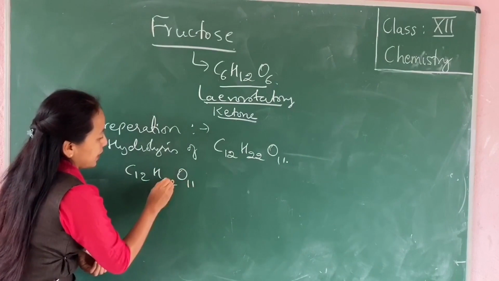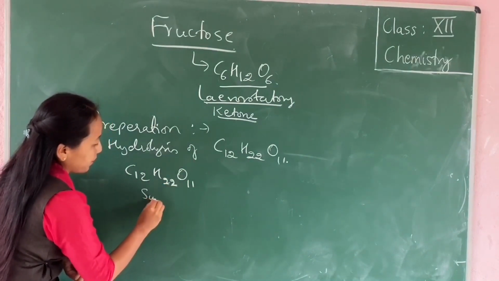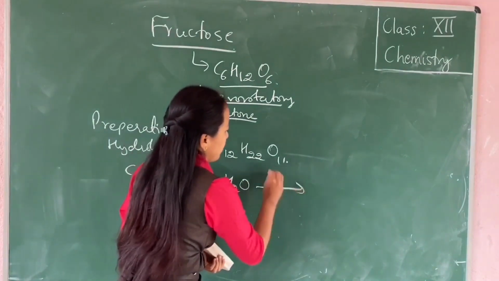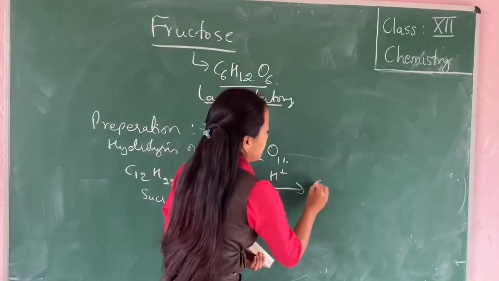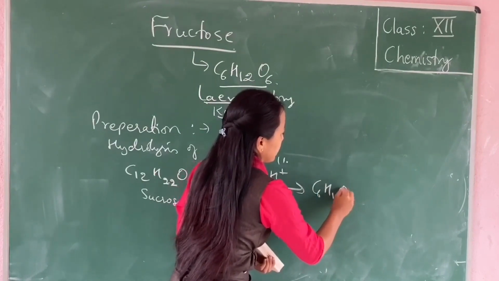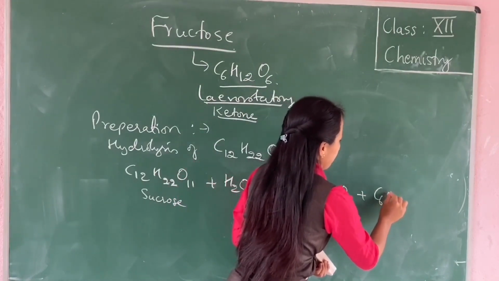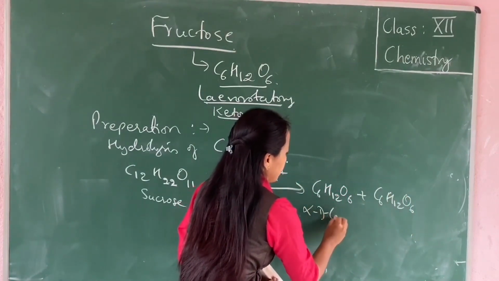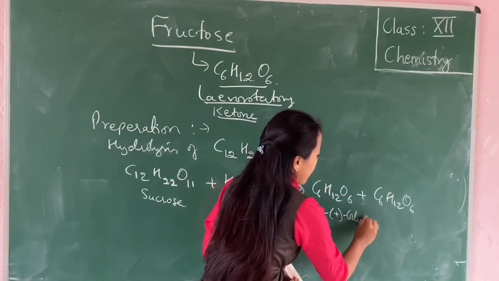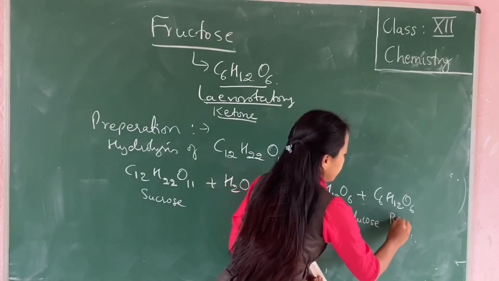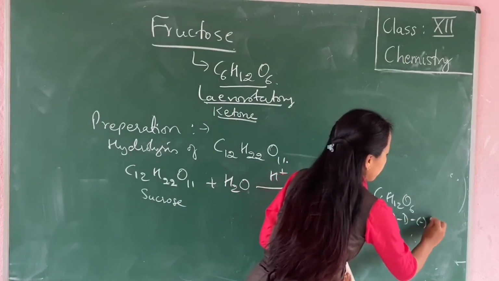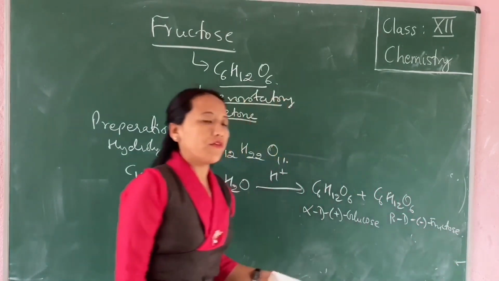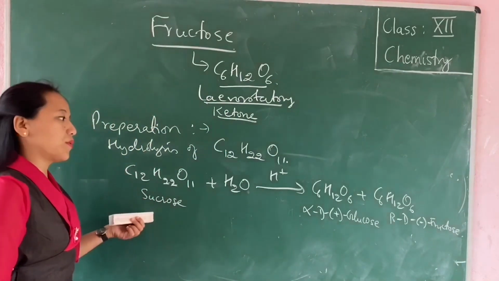This, on acidic hydrolysis with H2O and H+, gives C6H12O6 plus C6H12O6. This is your alpha-D-(+)-glucose, and you get a beta-D-(-)-fructose. So this is one way of preparing fructose from sucrose.